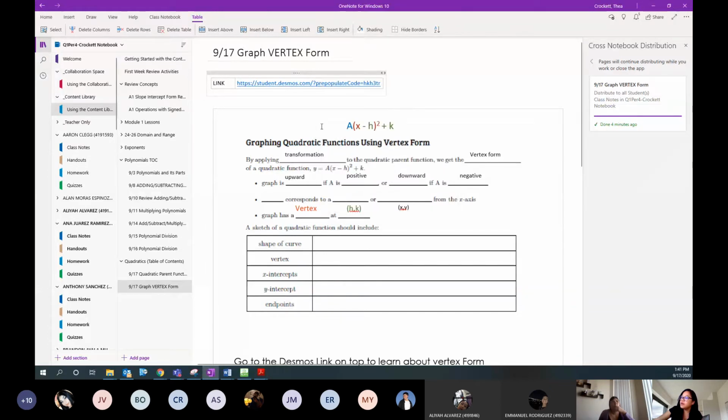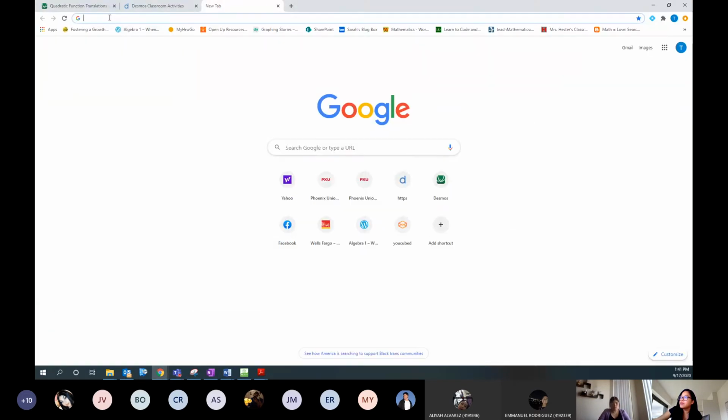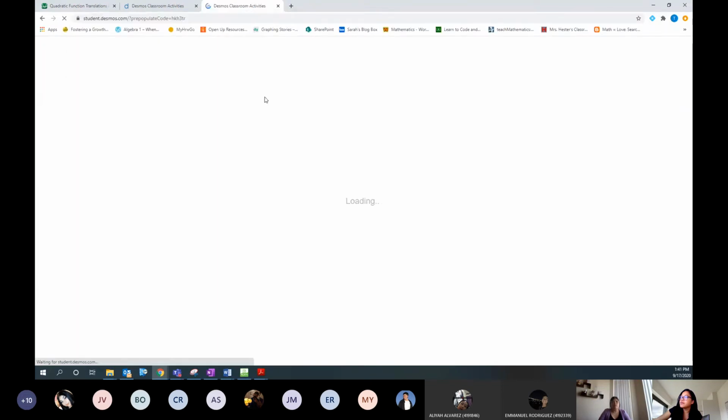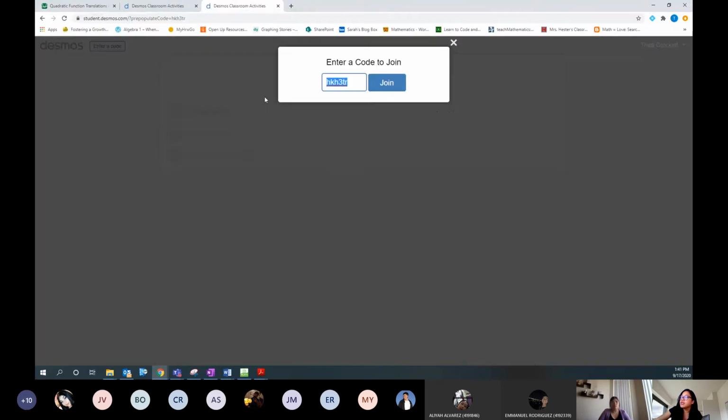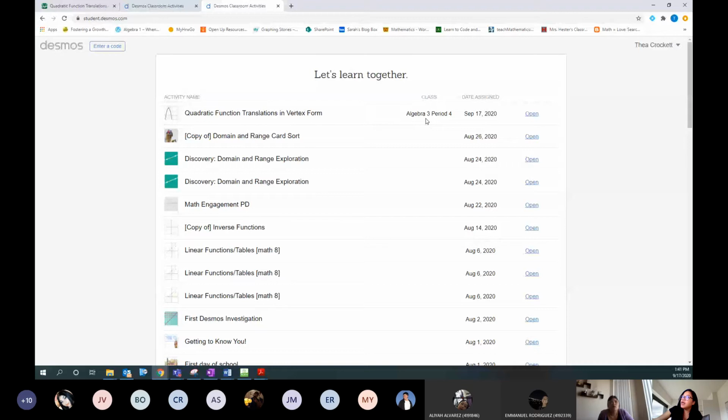Once you copy it, you open Chrome and then paste. Okay, it's gonna bring you to a page. You have to join it. And the first one is the one that we're doing.